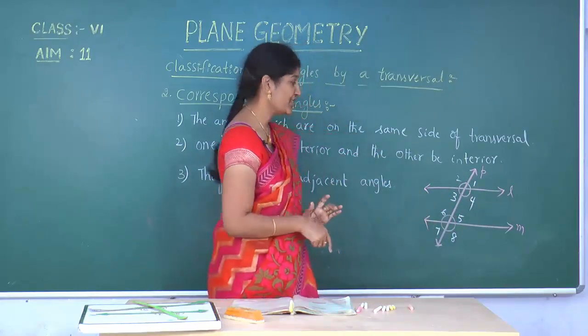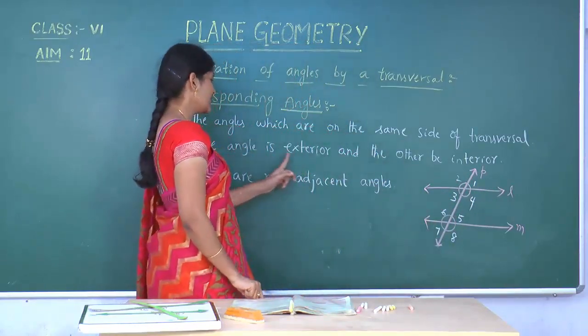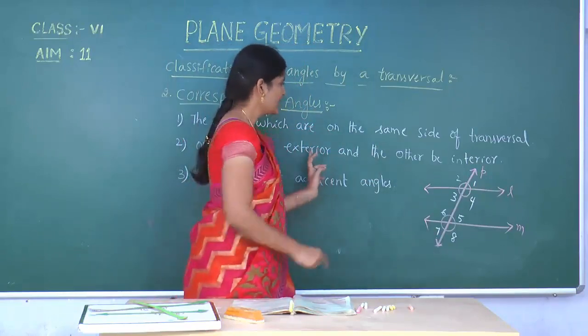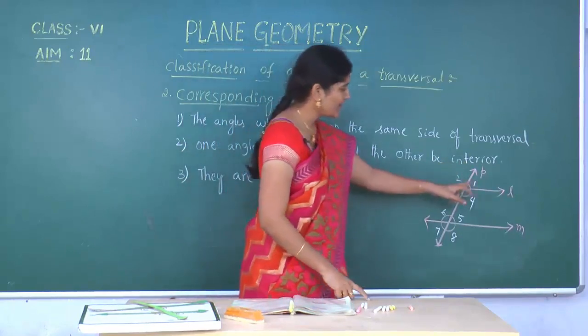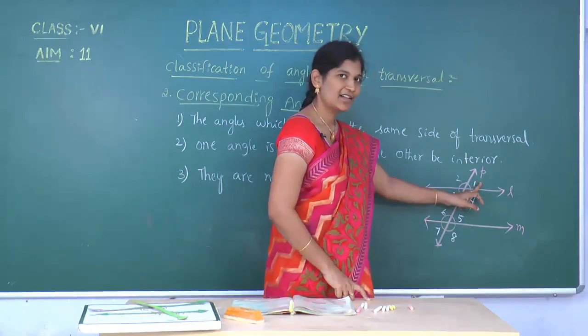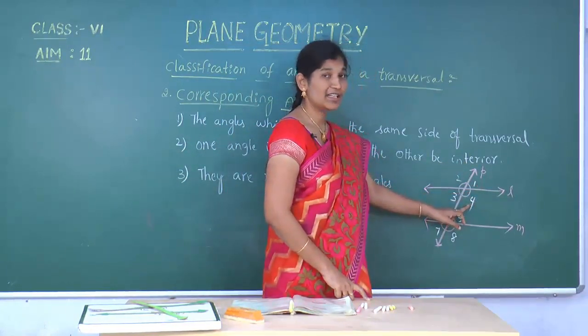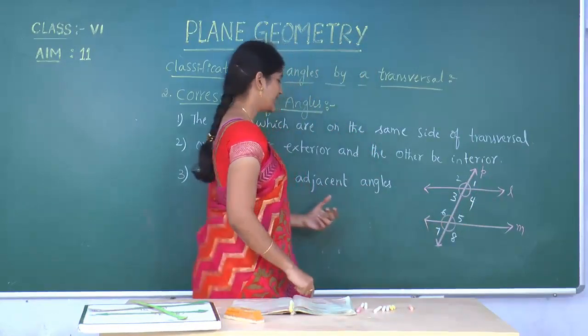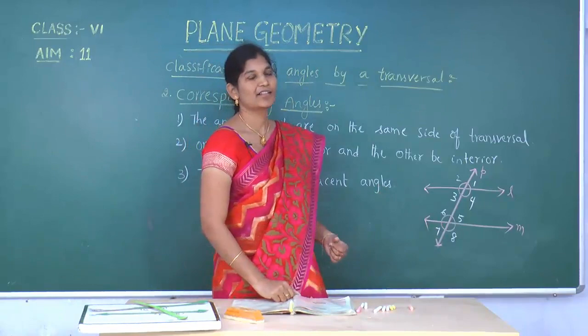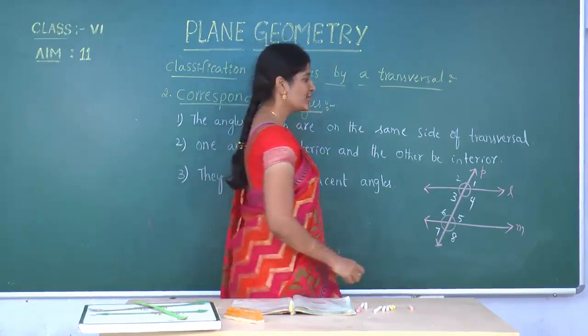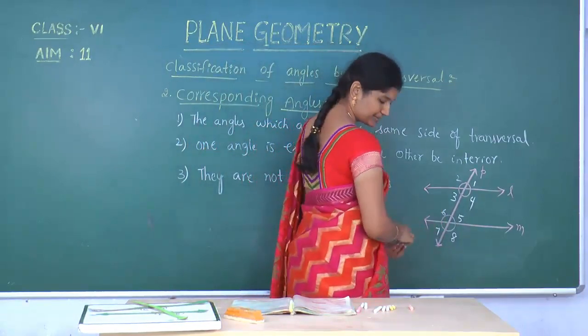And the second condition is one should be interior and one should be exterior. So here 1 is exterior, 4 is interior, but the third condition is they are not adjacent. They are not adjacent. So we can select like this.